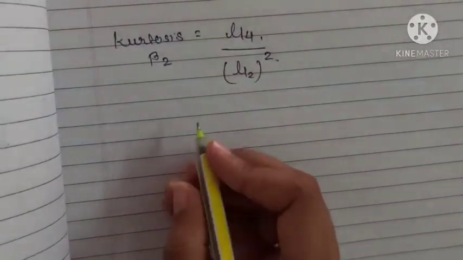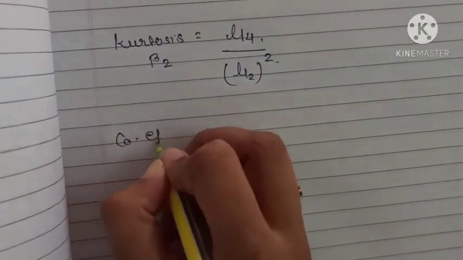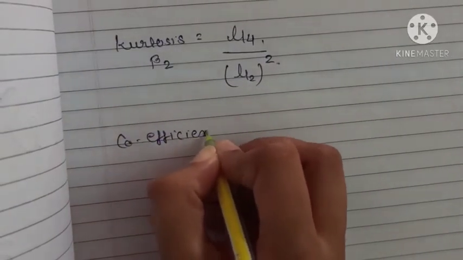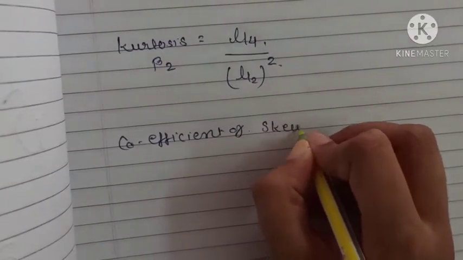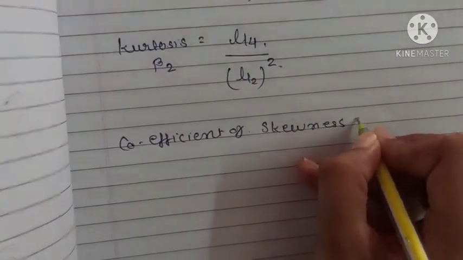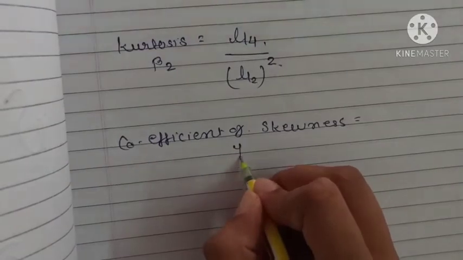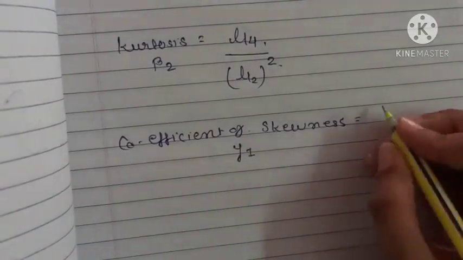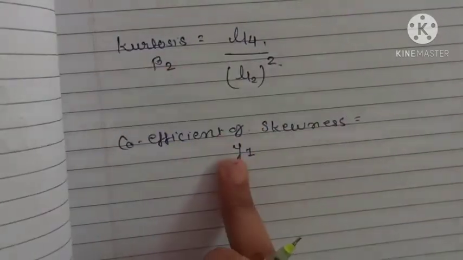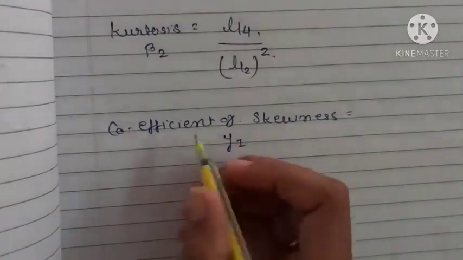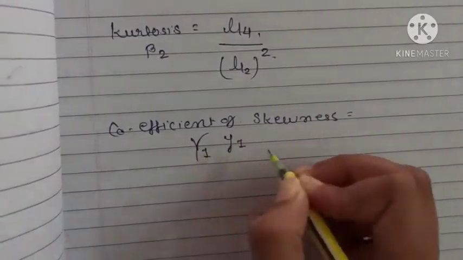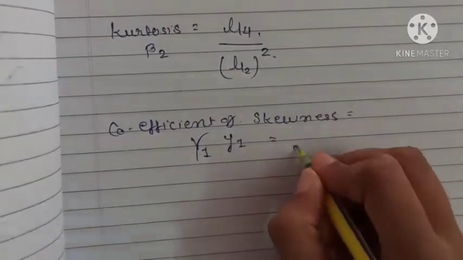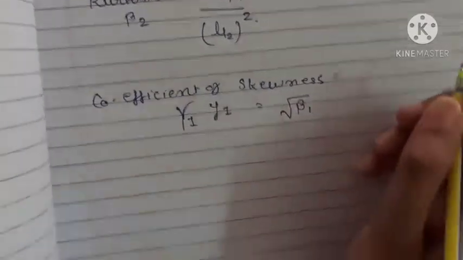And the coefficient of skewness stands for gamma 1, symbolically gamma. You can write it like this also: gamma 1 is equal to under root beta 1.